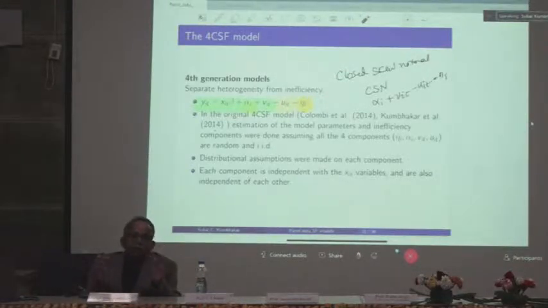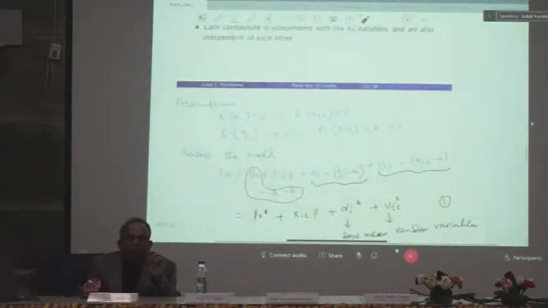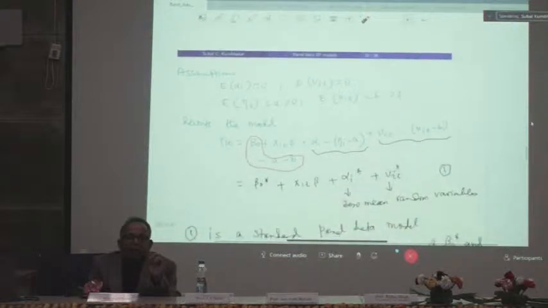So this model is quite data hungry. You have to have a lot of data. You not only have your x variable, but also 2 sets of z variable. One is changing in both I and t dimension, and the other is changing only in I dimension. Okay. So there is no scope of improvement in this 4th generation model. Well, I have been thinking about it, and the only improvement we did was that you add.